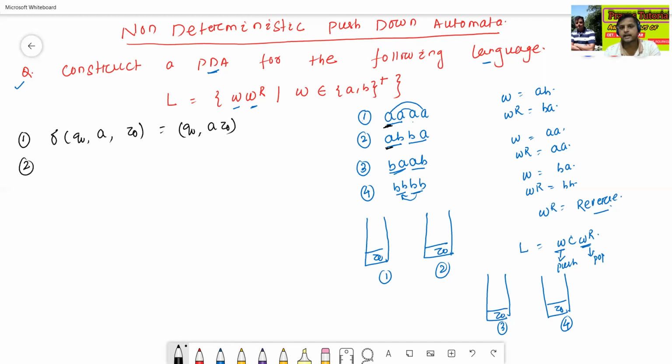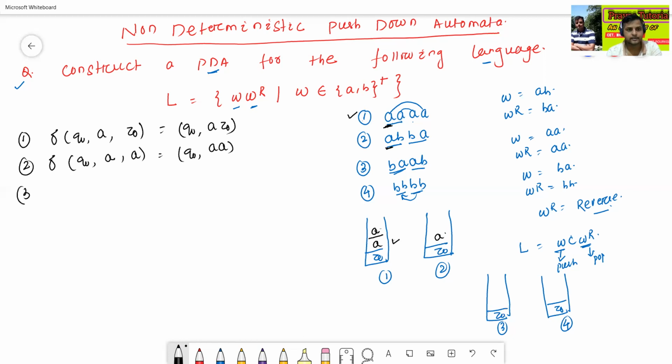Second, after A, either A or B may come. If A comes, A will push. So delta(Q0, A, A) gives push: Q0, AA.